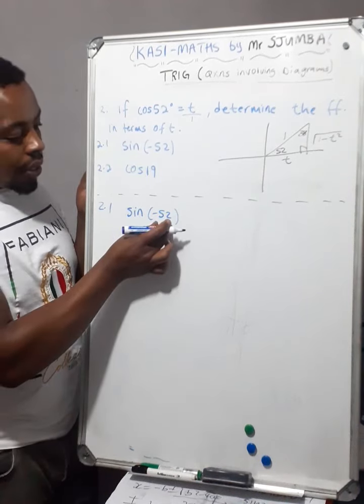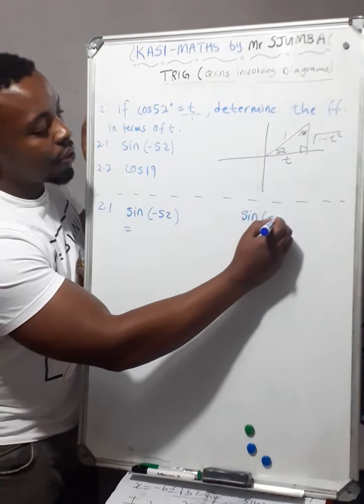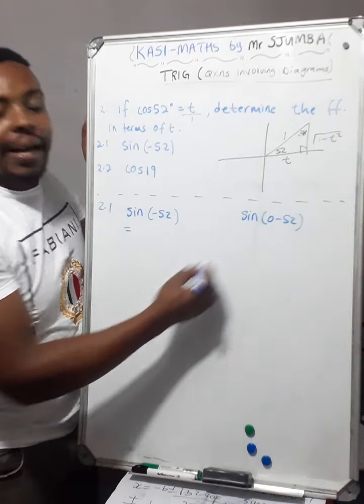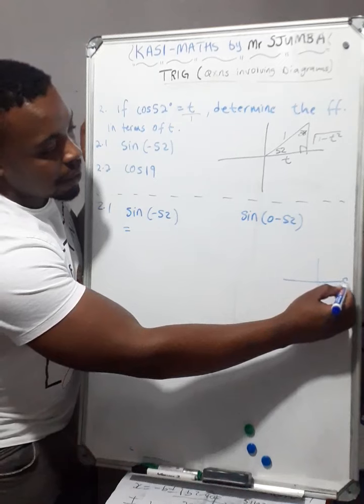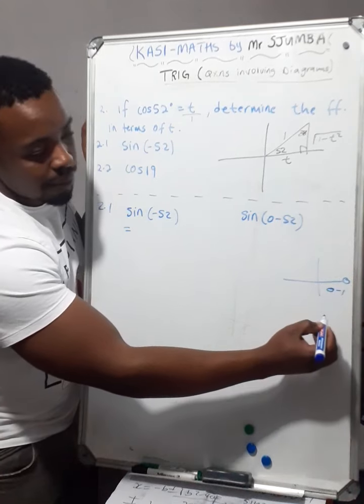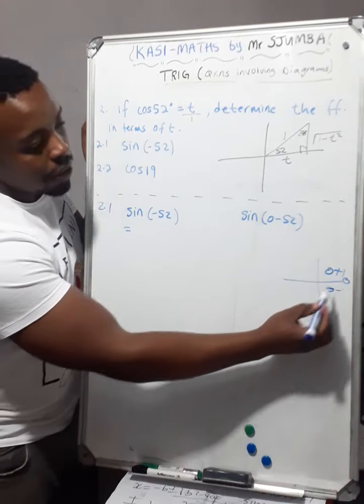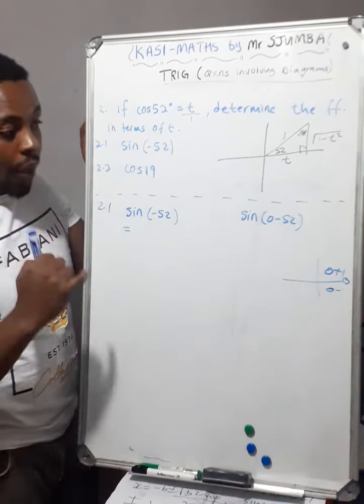We know negative angle. We treat it as if it's sine 0 minus 52. 0 minus, it's quadrant 4. Yabo? If we have a Cartesian plane, this is 0 minus and this is 0 plus. So 0 minus quadrant 4, 0 plus it's quadrant 1.